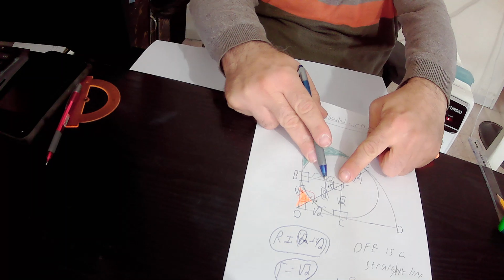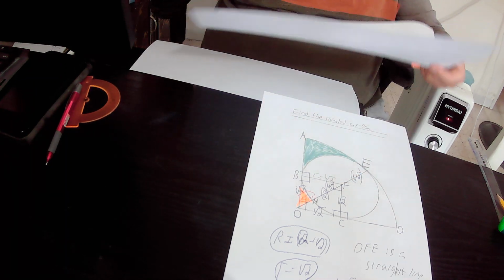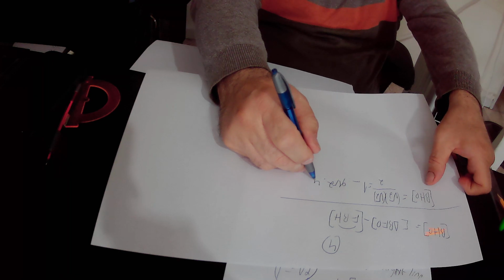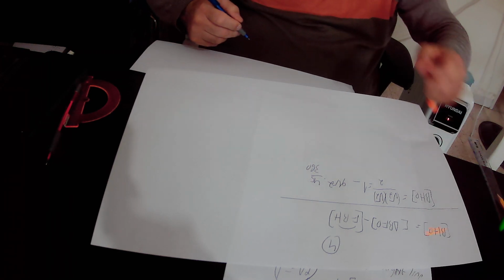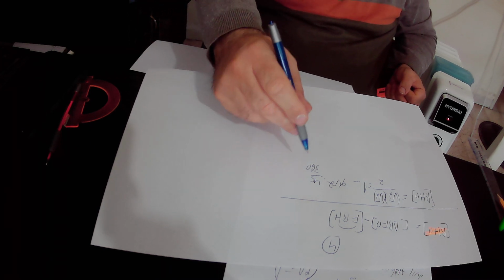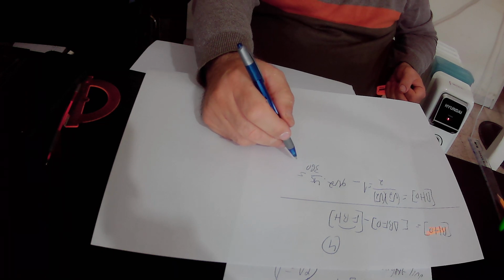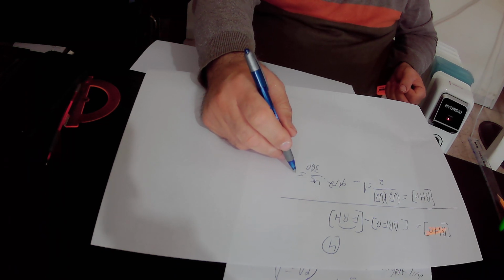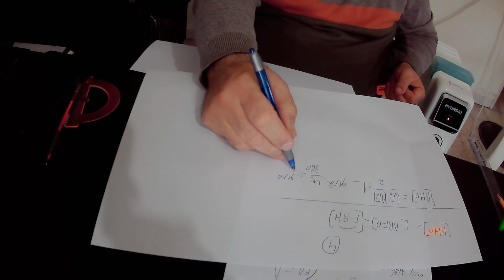The angle here is 45 degrees, so it is 45 degrees over 360 degrees, which is 1 over 8. So the area of sector FBH equals pi r squared over 8.